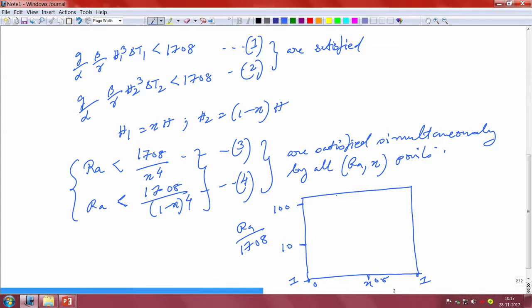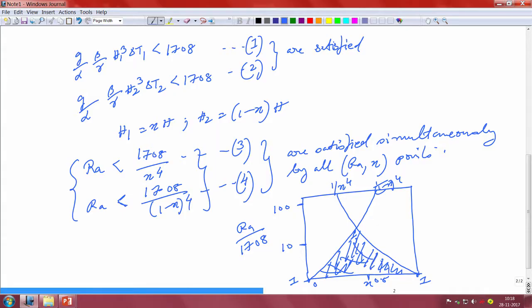One graph will be something like this. This is 1 by x to the power of 4. The other graph will be like this, 1 by (1 minus x) to the power of 4. So, this is the region between the two graphs, in which you have Rayleigh number less than this as well as less than this on both sides. These are the two master graphs.